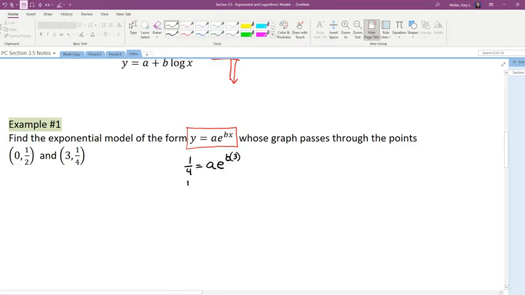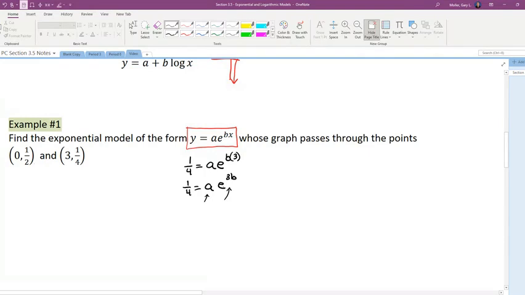So I've got 1/4 equals a e to the 3b power. Once again, you'll notice that we have now a single equation that has two variables. Don't get confused. e is not a variable. e is 2.718. So I don't know a and I don't know b. Then I go to my other point and I substitute that in as well.